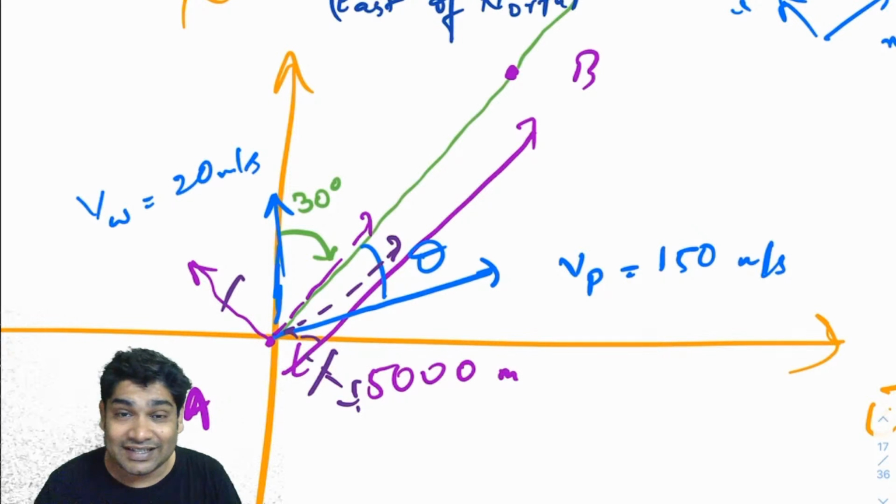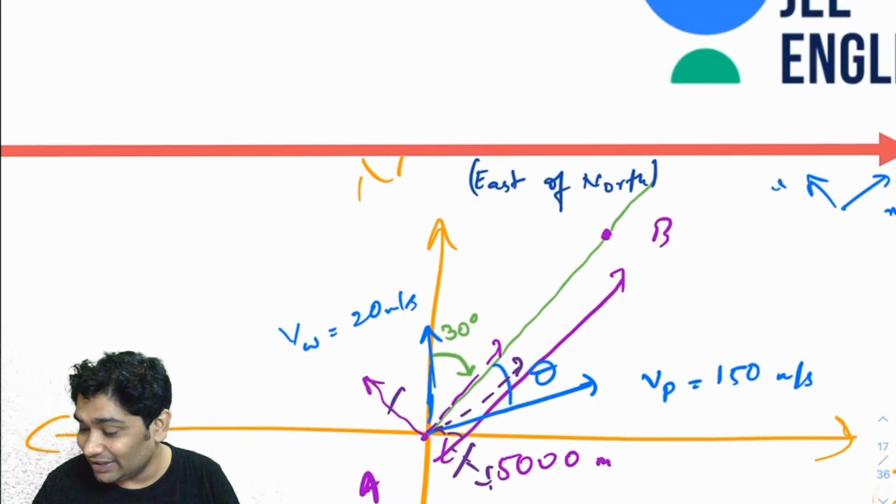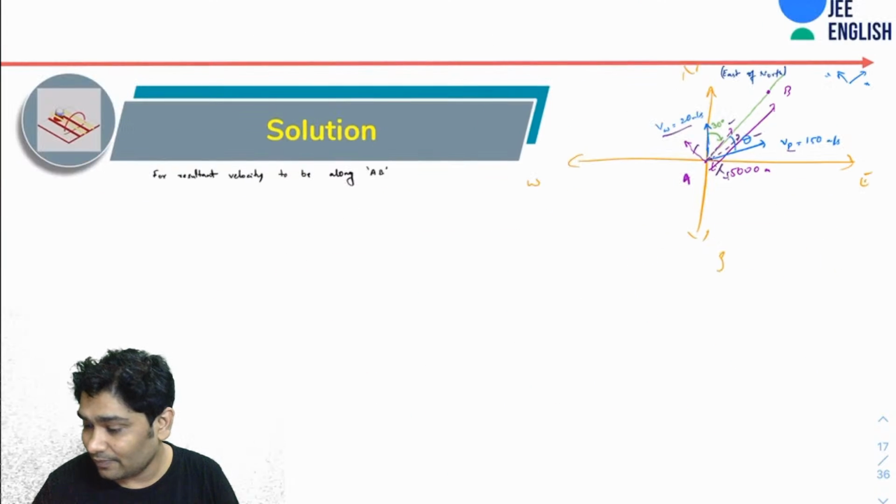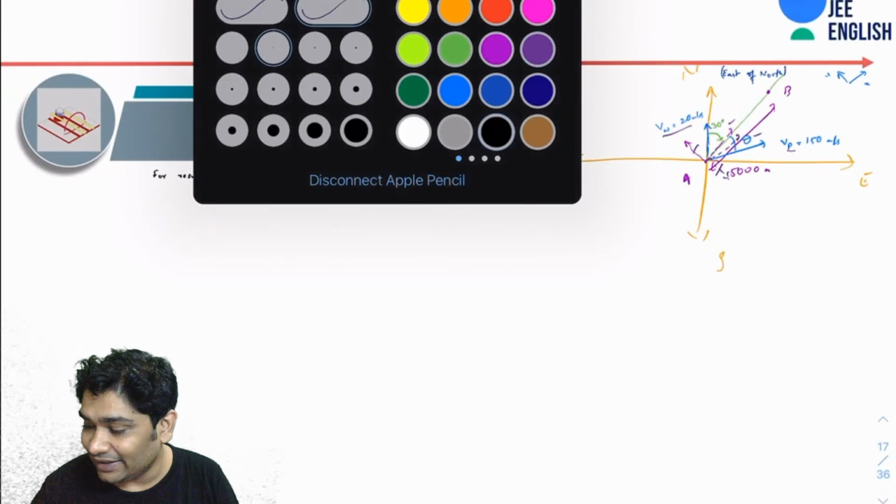Alright, so this is just like minimizing your drift. You want to make your drift 0. Okay. So yes, Chinmay has got this right. So VW sine 30 should be equal to VP sine theta. So that is what I can write next.